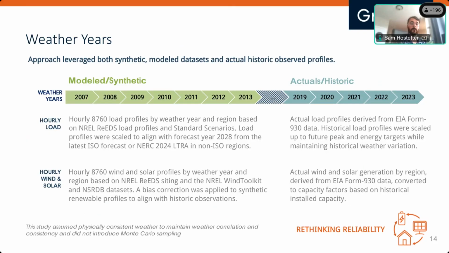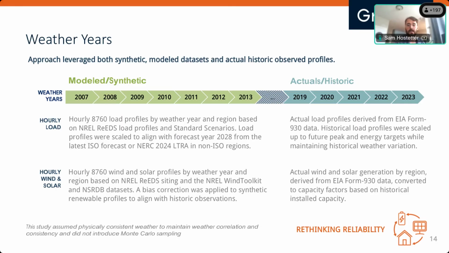We performed a scaler on these data sets to align the peak load from the synthetic data with forecasted peak load in 2028, according to ISO forecasts if they exist, or the NERC 2024 LTRA forecast for the non-ISO regions.